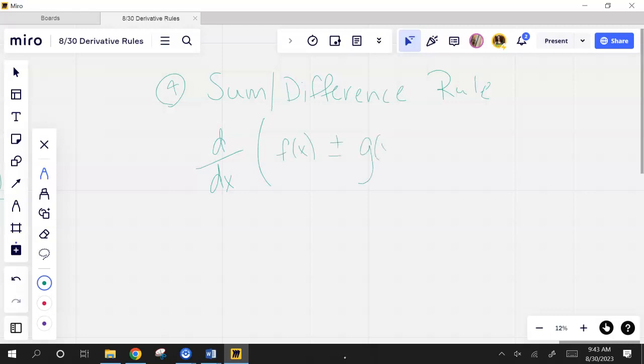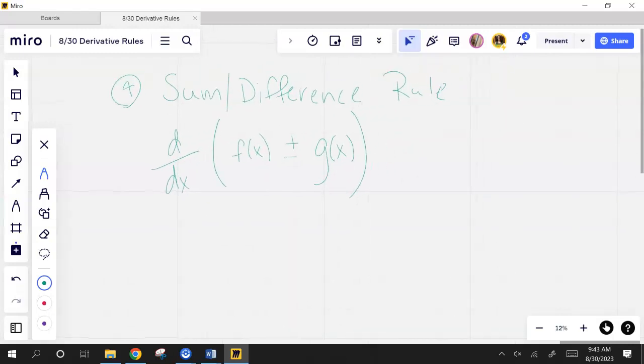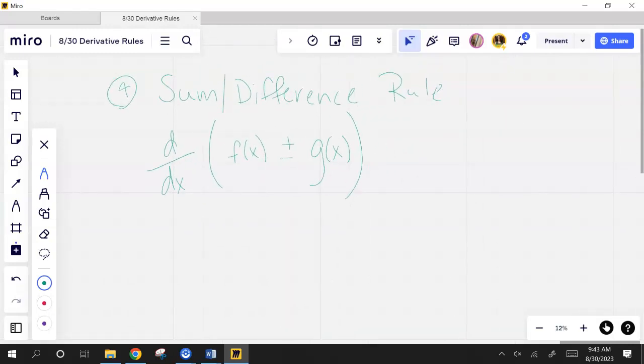If I have 2 different functions here that I'm taking the derivative of, and I'm adding or subtracting them, I can split that up, and I can do the derivative of each one individually. So I could do the derivative of f of x, and then whatever I got in parentheses there, the plus or minus, the derivative of v of x.